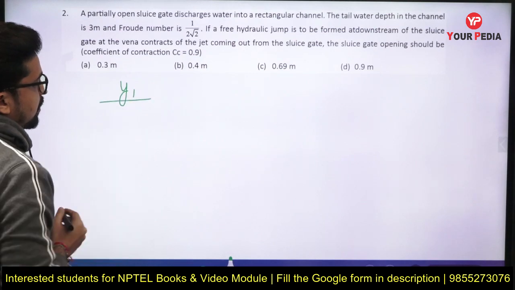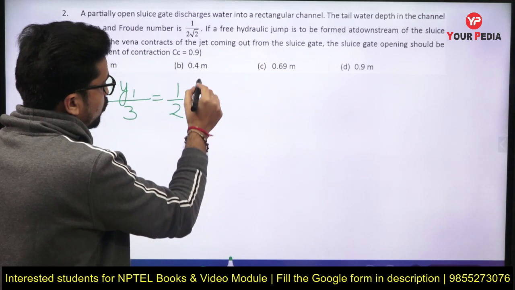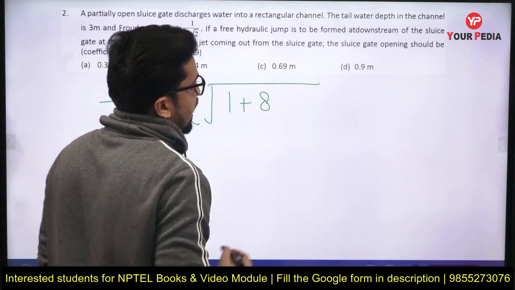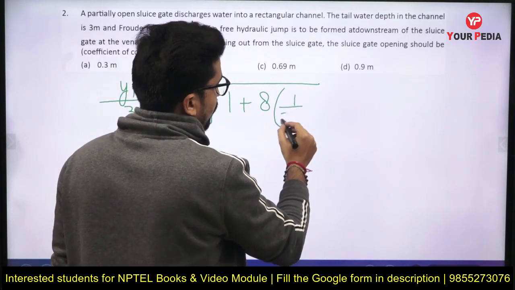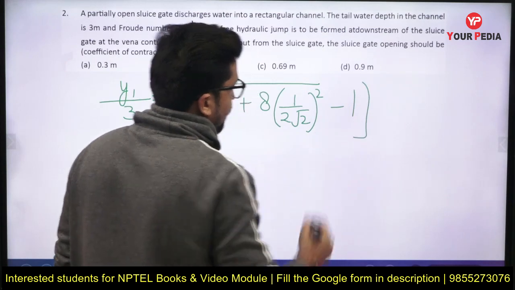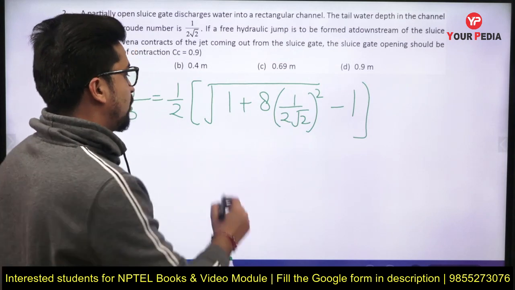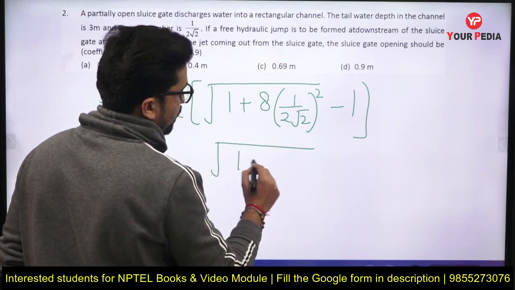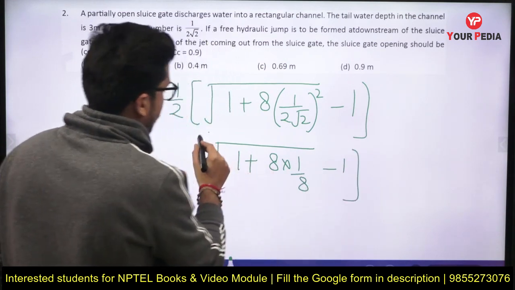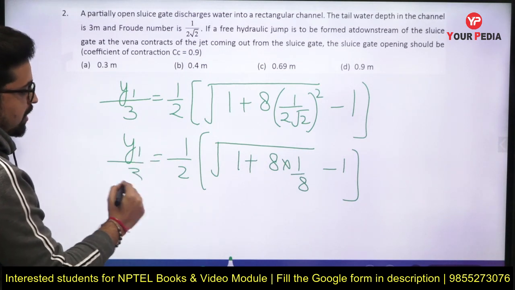So we know that y1 upon y2, which is 3 meters, is equal to 1 by 2 under root 1 plus 8 times Fr2 square, which is 1 upon 2 root 2 whole square, minus 1, right? So 1 upon 2 root 2 whole square is 1 by 8 only. So this will be 1 plus 8 into 1 upon 8 minus 1, into 1 by 2, equal to y1 upon 3.